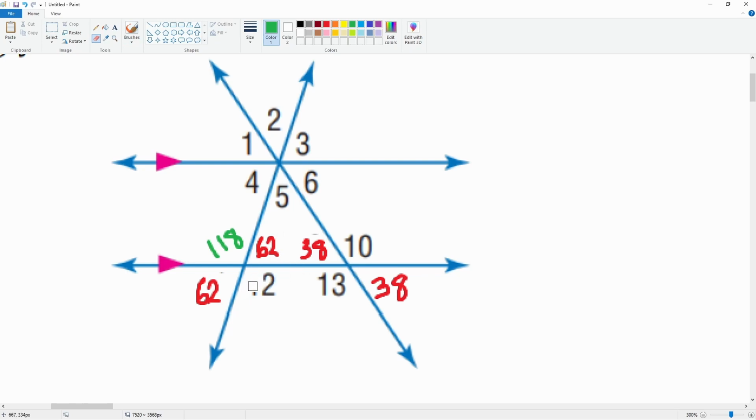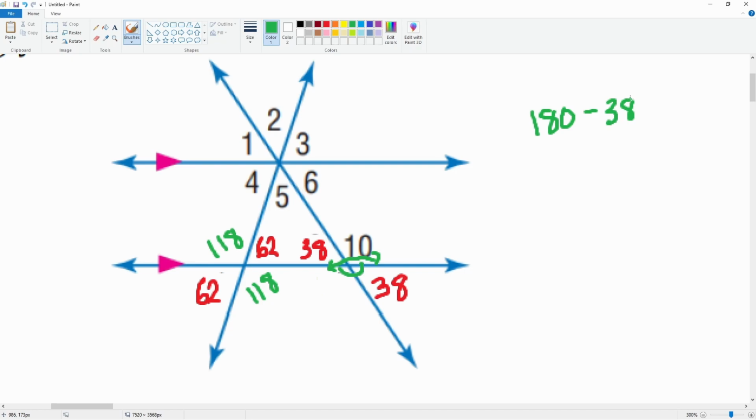Likewise, this by vertical angles is also 118 because it's a reflection of that angle. Okay. Likewise, we can now get 13 here as well using the linear pair. Take a look. It should look something like this. Do you see the line that it makes? Okay, so we can do 180 subtract 38.